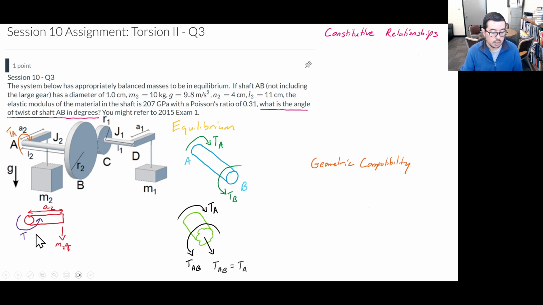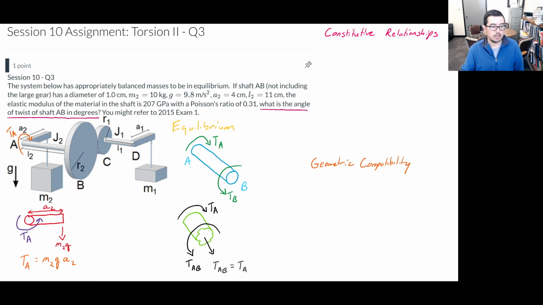So the torque has to resist that with an equal and opposite torque. We have TA going this direction at point A, and then this TA acting in this direction on the lever arm, and in equilibrium this TA torque is going to be equal to M2G, that's weight, times the lever arm's length.